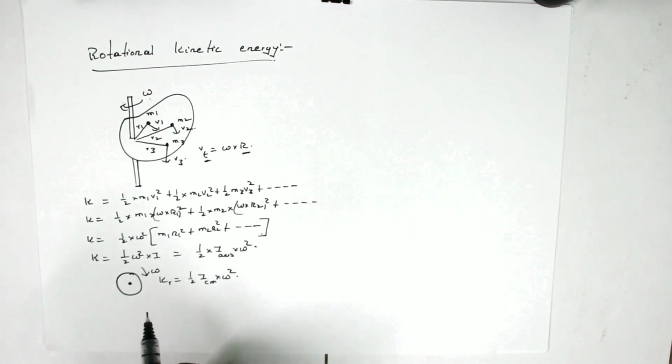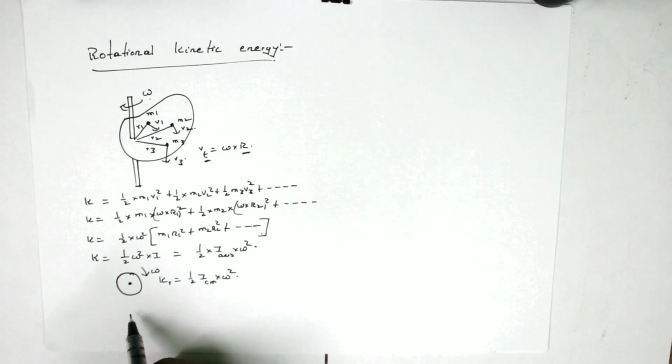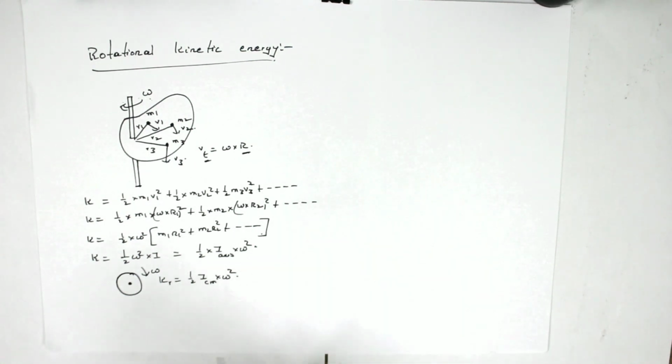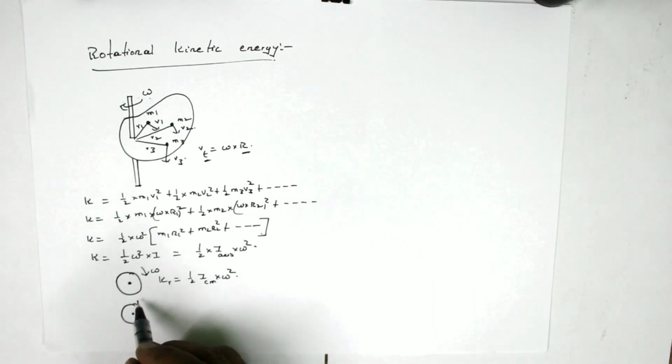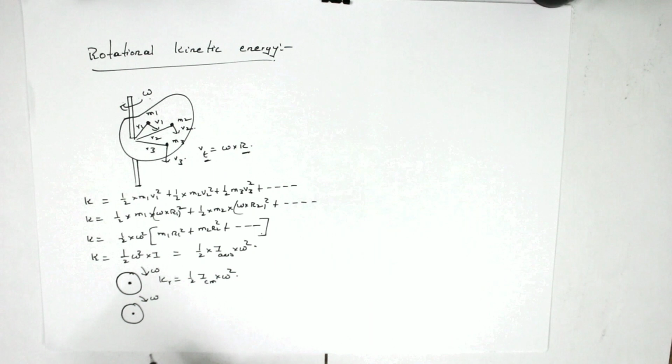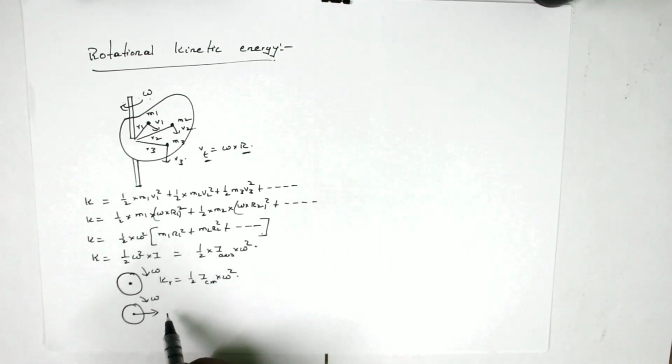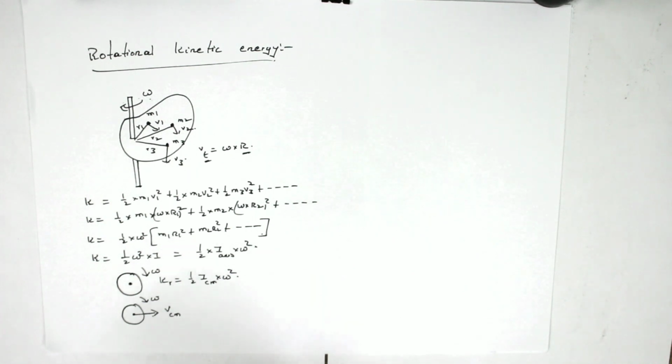Now similarly, if this disk also has a translational velocity, that is, this disk is rotating around this axis with an angular velocity of omega, and similarly the center of mass is also translating with a velocity of v center of mass, then in this condition this disk has two energies.